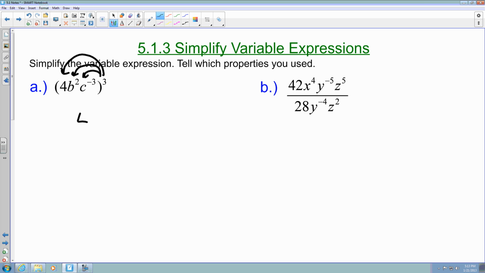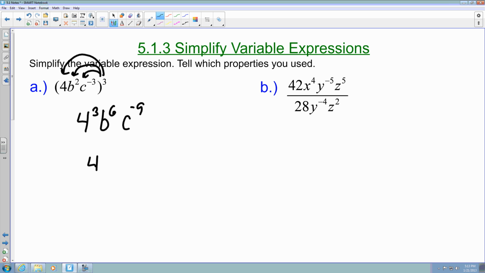So this brings me to 4 to the third times b, since it's squared, squared times the third gives me b to the 6th power. Then I have c to the negative third times 3, so that gives me negative 9. Now, it doesn't say to make your exponents positive, but if it did, making this c to the negative 9 positive just means making it the denominator.